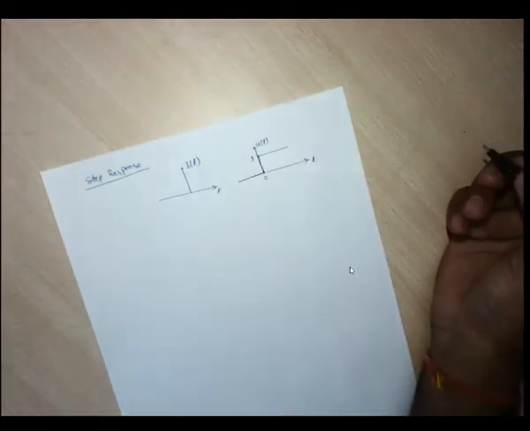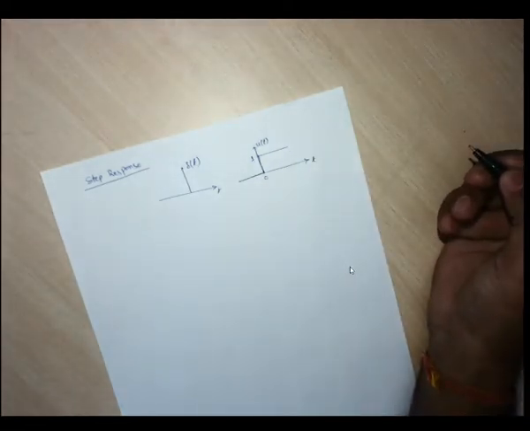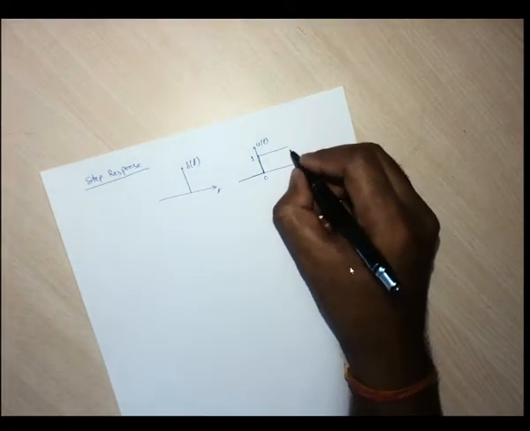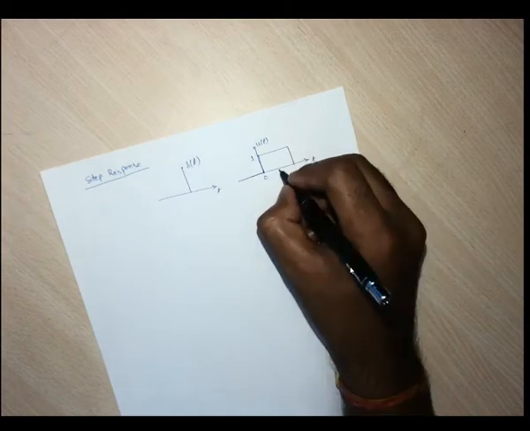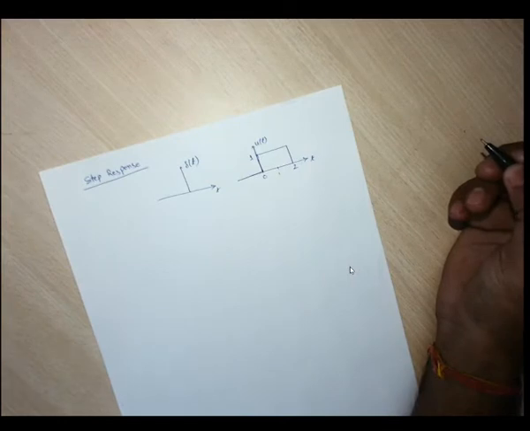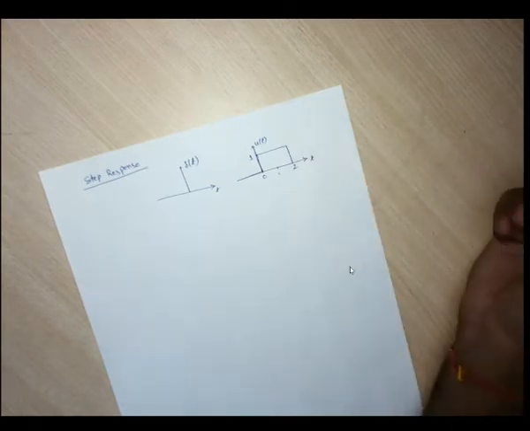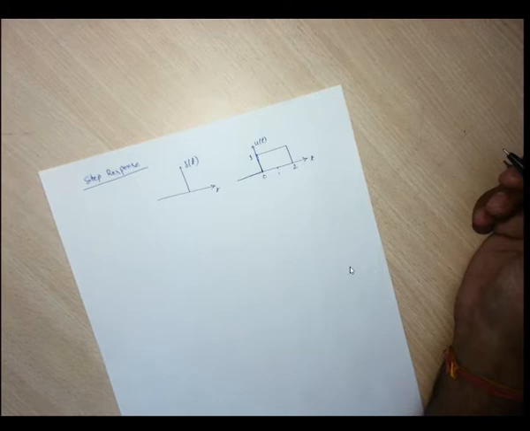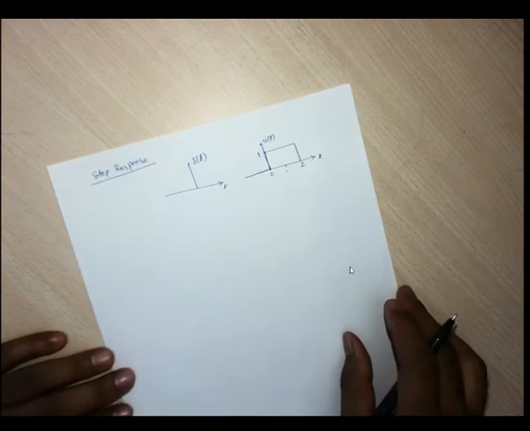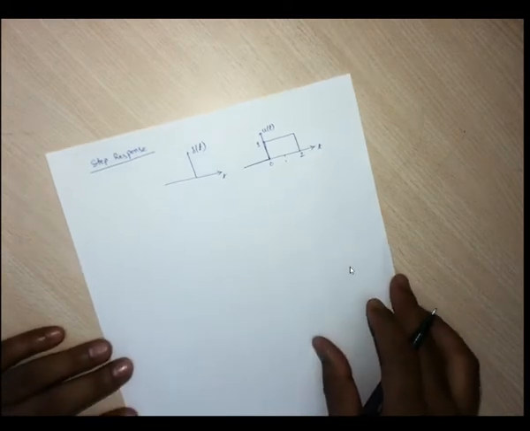So if we say this step function is finite in nature, let us consider it is up to 0, 1 and 2. At 2 there is again a fall in the edge from 1 to 0. For this kind of sudden change in the input, how the LTI system responds can be found out with respect to some step input signal. So when a step input is given, how does the system respond to the sudden change in the input.